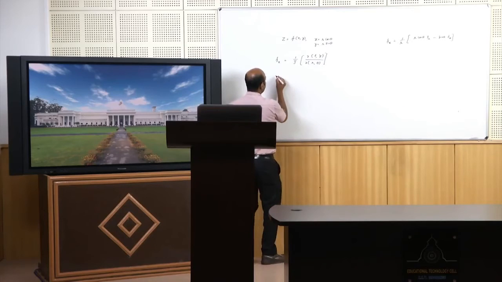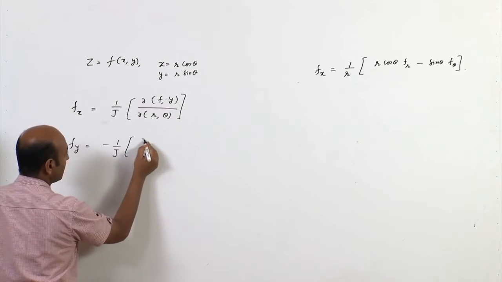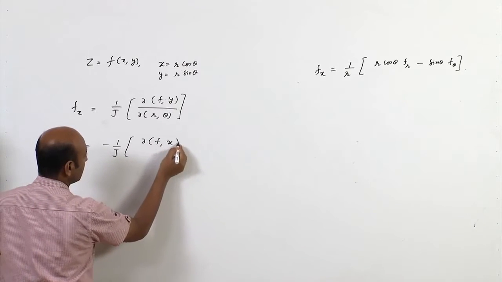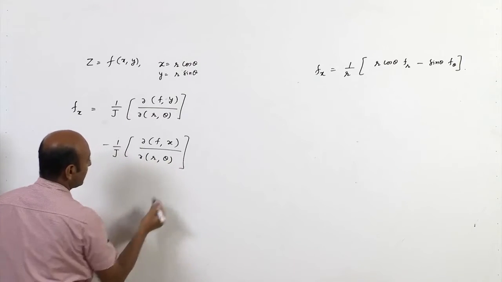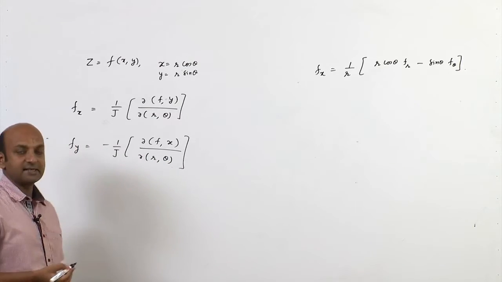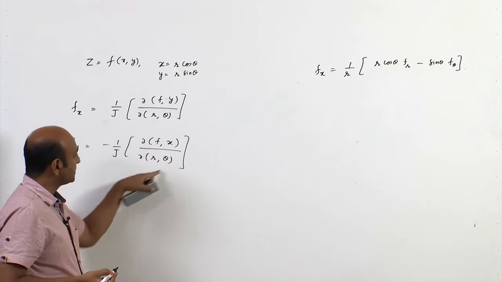Now, similarly, how can you find fy? Now, fy will be minus 1 by j times del of fx upon del of r theta. So, now let us compute this. We already know j is r. So, let us compute this term.